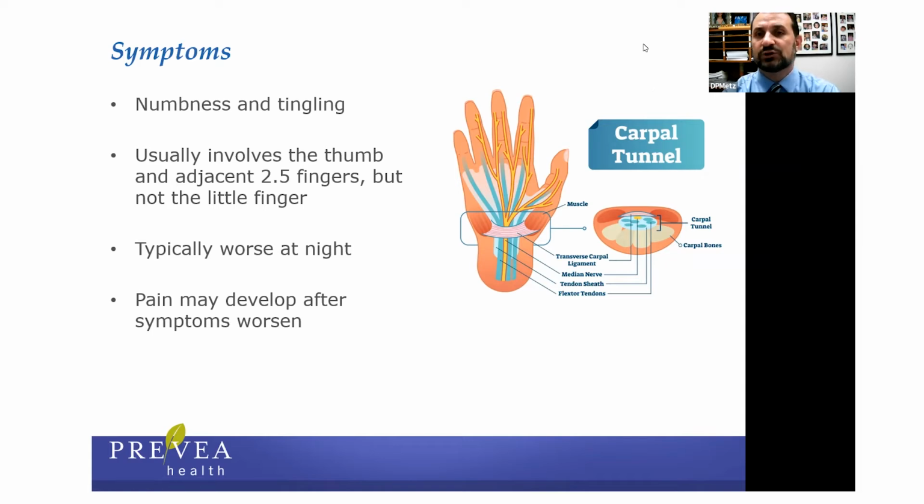If you look closely at the picture on the right-hand side, the cross-section shows the person's thumb right in here, and the nerve that goes to the thumb, index finger, middle finger, and part of the ring finger.